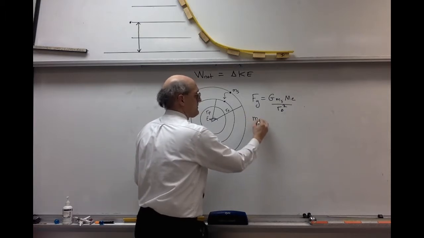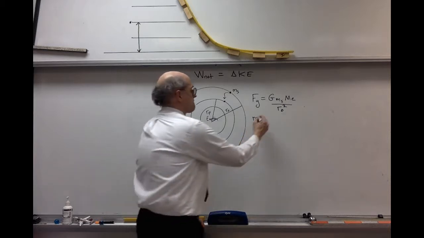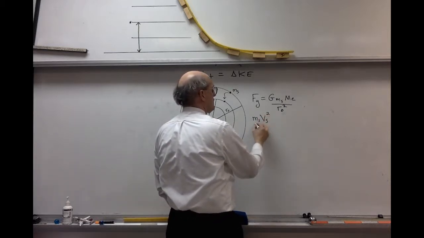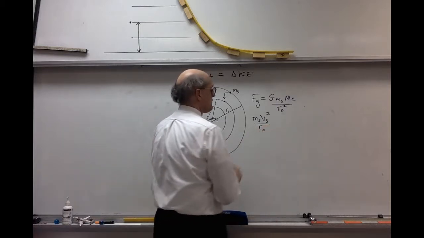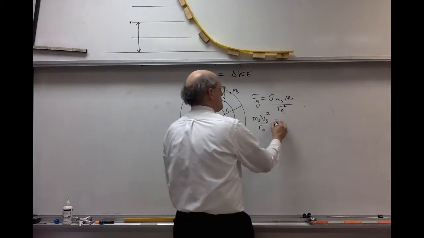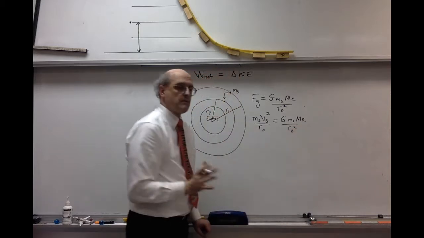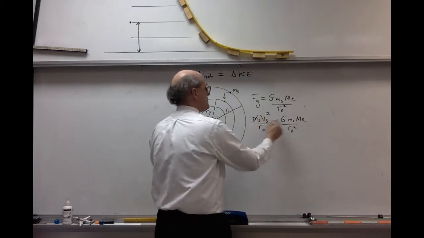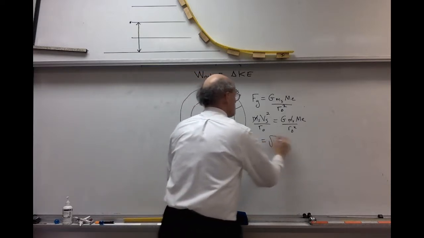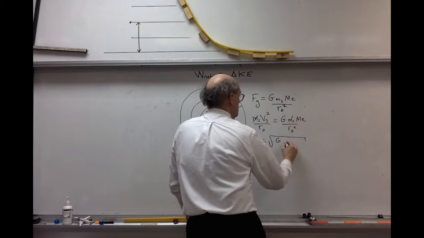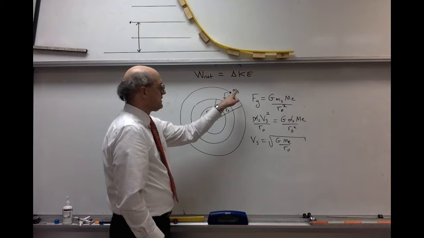So I can set that equal to the mass of the satellite times the speed of the satellite squared all over the orbital radius, which is RO. That's equal to G ms me all over RO squared. The mass of the satellite appears on both sides. So now we can solve for the speed of the satellite. That's the square root of G me all over RO. So that's the speed out here.